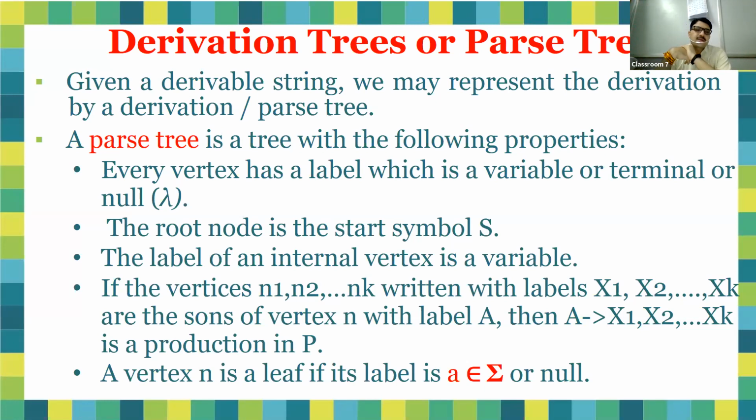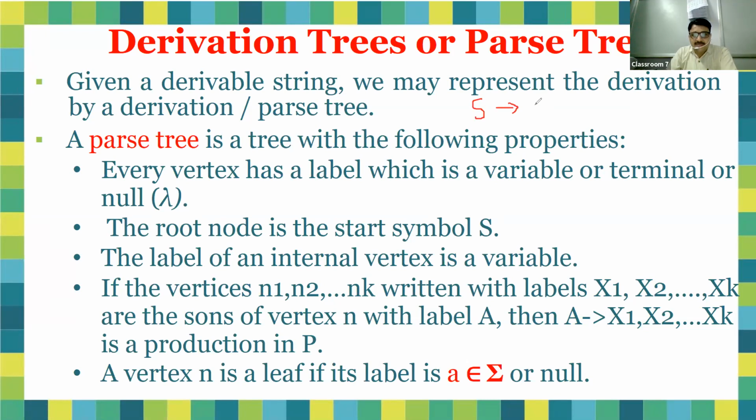The first one is, in the case of a parse tree, every vertex has a label, which is a variable or a terminal, or it can be null also. And one more important thing is, the root node is the start symbol S. For example, if we start with any grammar, then S is the start symbol, right?